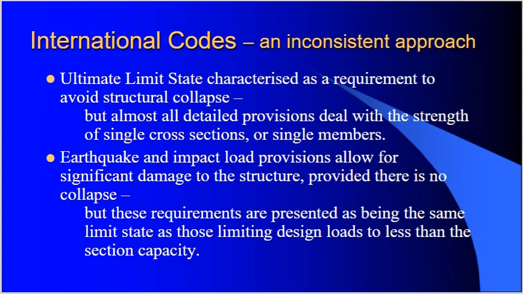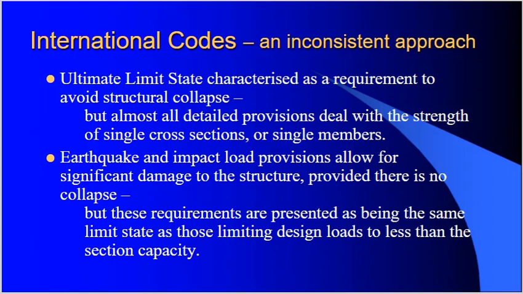In the international codes, including the Australian codes, there's an ultimate limit state defined, which is characterised as a requirement to avoid structural collapse. But almost all the detailed provisions deal with the strength of a single cross-section or a single member.